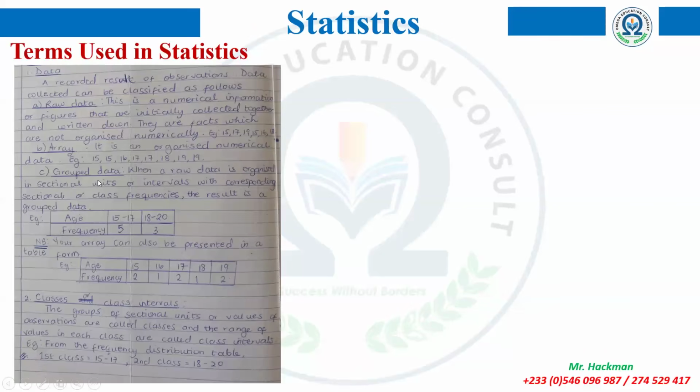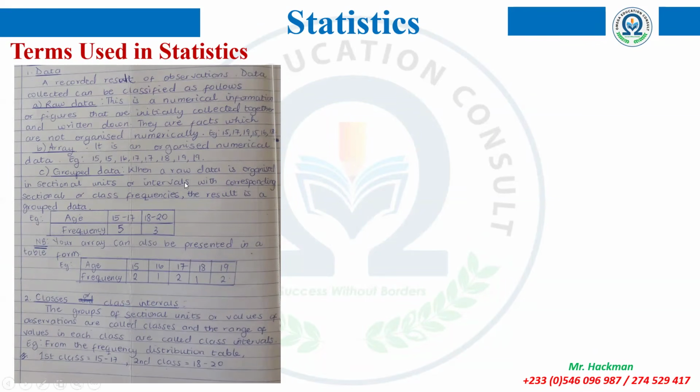And the grouped data is usually the data that we use, especially when you are dealing with big data, though it has its own flaws. It is the convenient way of dealing with data, especially if your data size is huge.